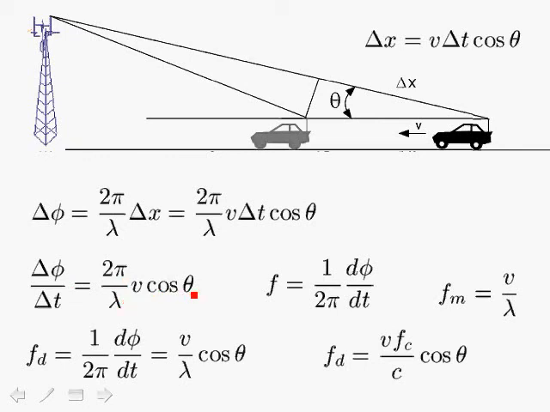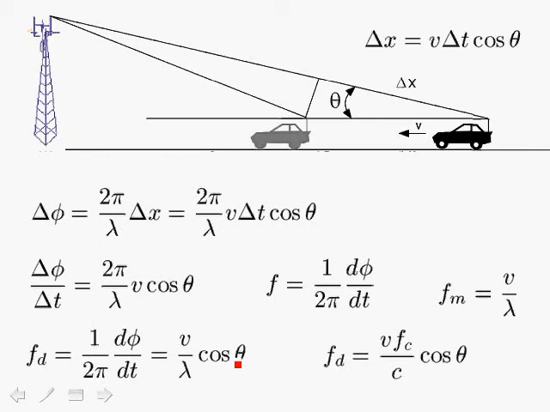In the limit, as delta t becomes very small, we get the derivative of the phase shift is equal to 2 pi v cosine theta over lambda. And if we go to the definition of frequency, we obtain that the Doppler shift is equal to 1 over 2 pi, the rate of change of the phase theta, which is equal to v over lambda cosine theta.